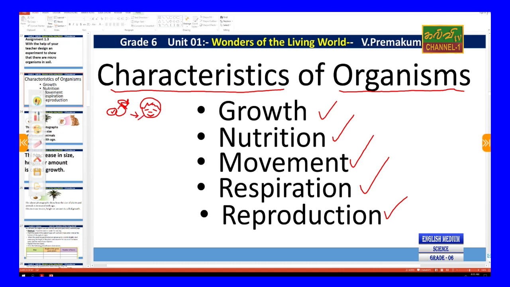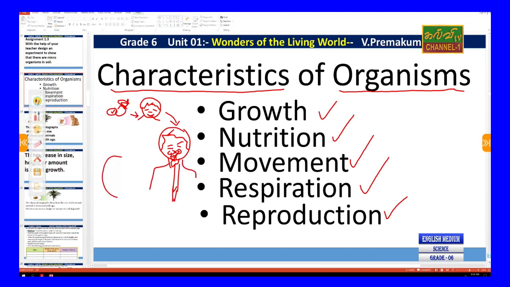This is a child. Then what happened? It becomes a gentleman, a man with a mustache and beard, now doing some work, wearing a tie as a grown man.